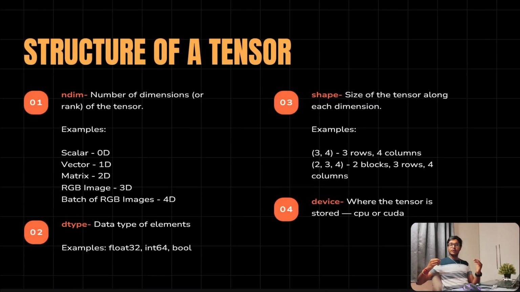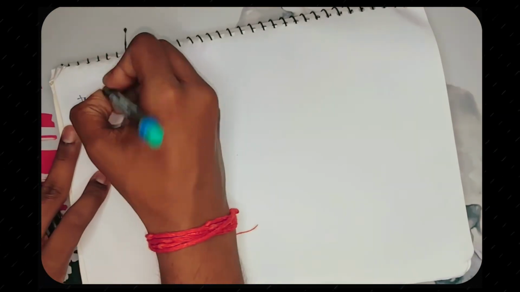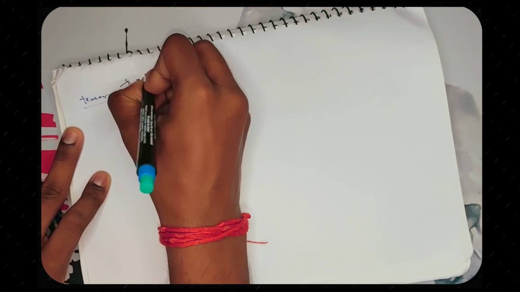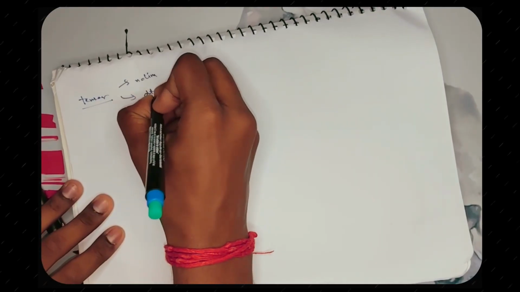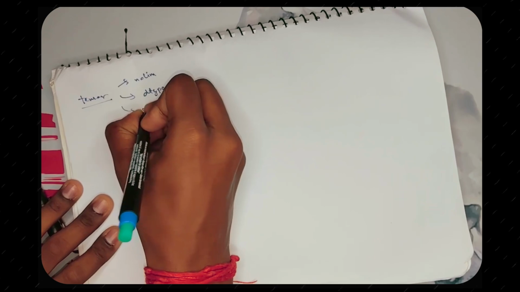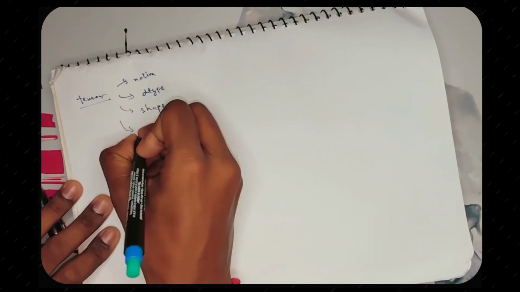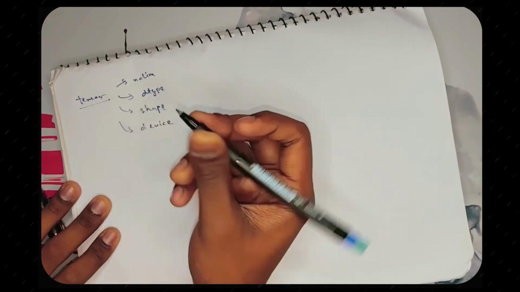Alright, so now that we have a much clearer understanding of tensors, let's look at the structure of tensors so that we understand it even better. Any tensor has four things. First is ndim, second is dtype, third is shape, and last is the device.